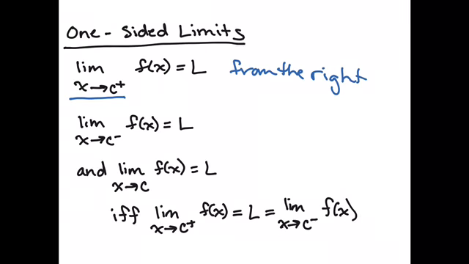Right? So if we have a number line or an x-axis, if that's 0, then my positive numbers are over here, my negative are over there. So it means I'm approaching from the positive side, from the right. The limit as x approaches c with a superscript negative means from the negative side, or from the left.